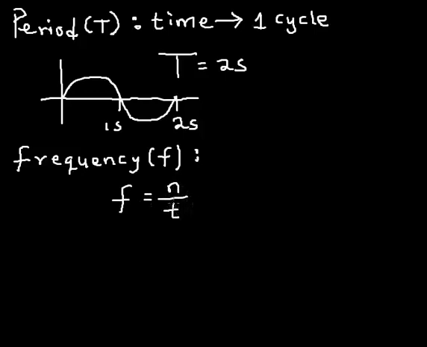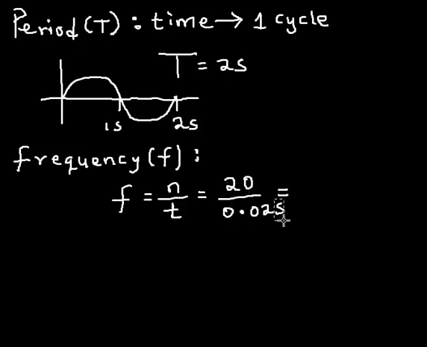For example, if the wave was able to make 20 cycles within 0.02 seconds, we can say that the frequency of this wave is going to be 20 divided by 0.02.